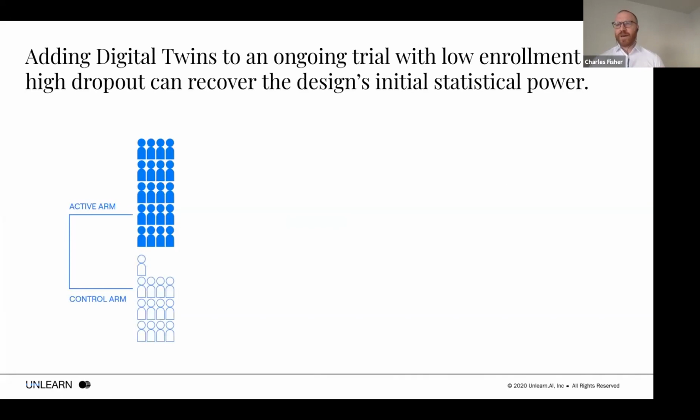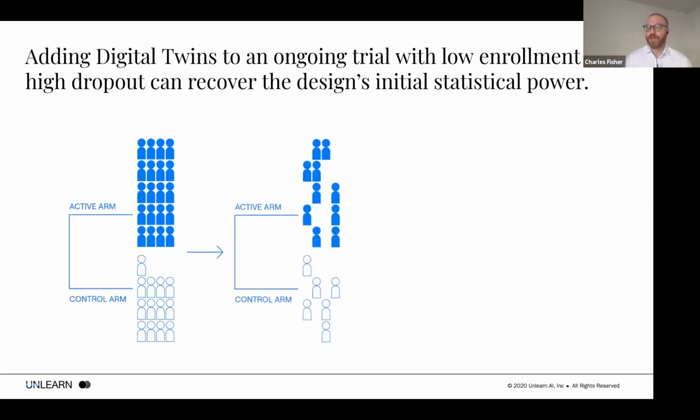So let's think about a way that we could use our simulations to look at this problem. We started with this same clinical trial from 2010 that had about 400 subjects randomized 3-2. And then we can simulate the effect of this unforeseen external factor that leads to high rates of dropout. We'll just randomly drop out 50% of the subjects across the two different arms.